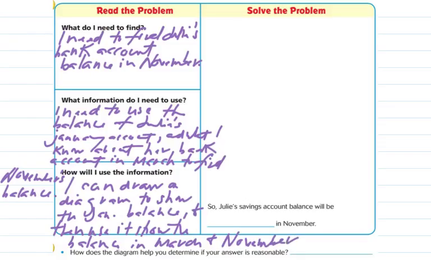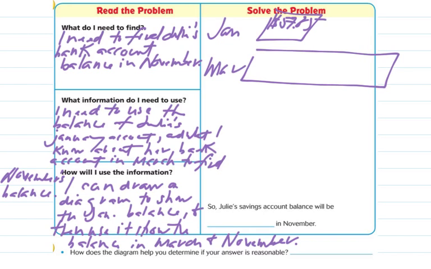So let's start solving. We know that in January we have one box and we have our benchmark amount, which is $57.85. We know that her balance in March is 4 times that amount. So we're going to draw 4 boxes because 4 times means we need 4 boxes. 1, 2, 3, 4.